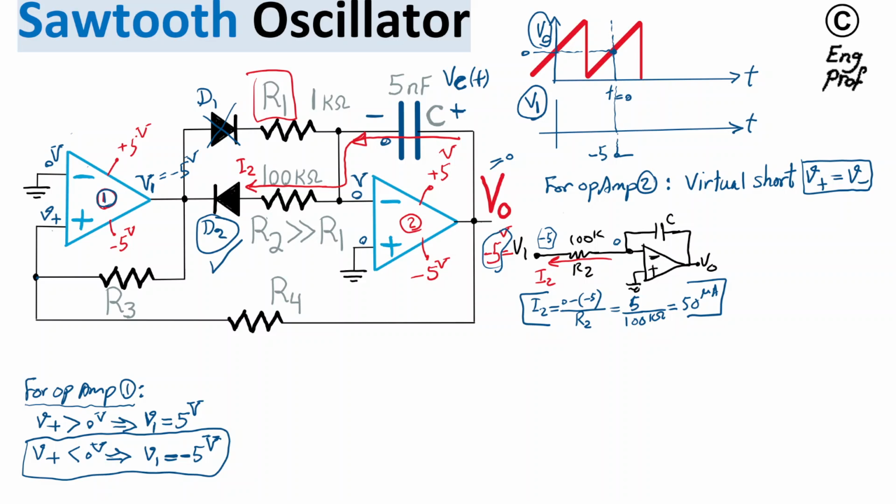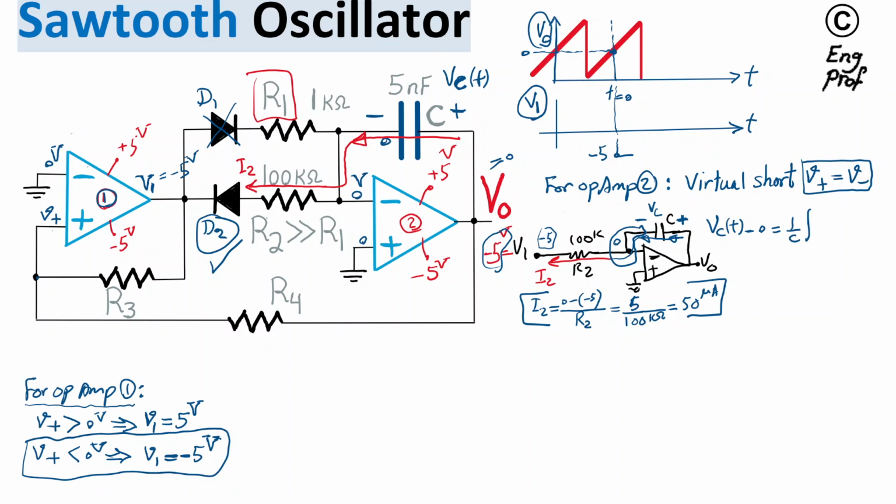This I2 is going through the cap, as you can see here, and given that we assume the polarity of the voltage of the cap is like this, and because one side of the cap is tied to ground, since the negative terminal of our op-amp is at virtual ground, we see that the voltage of the cap at time t minus the initial voltage of the cap, which is assumed to be 0, is equal to 1 over C times the integration of the current going through the cap, which is I2, dt. This charges up the cap with the polarity I'm showing.